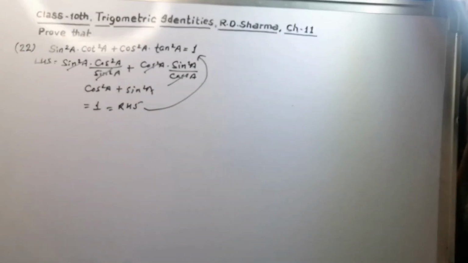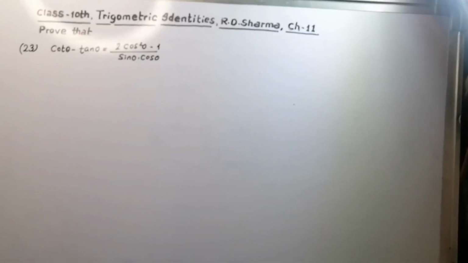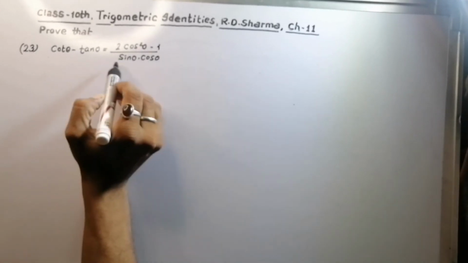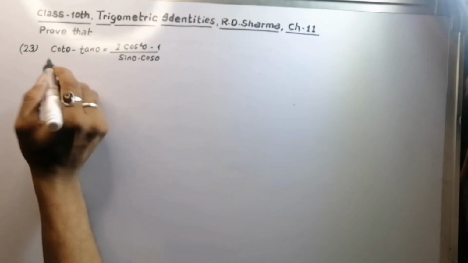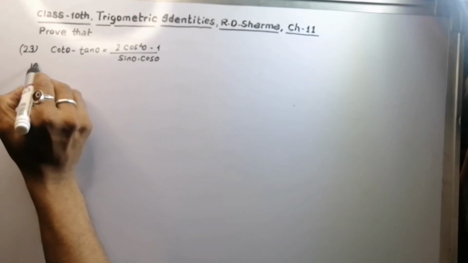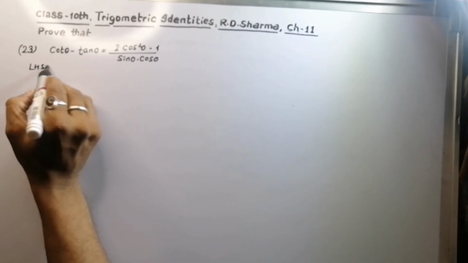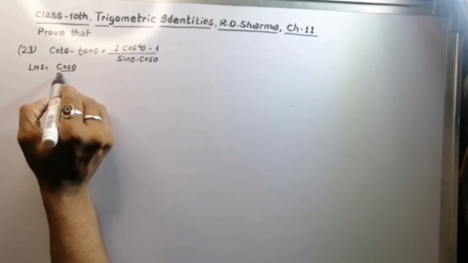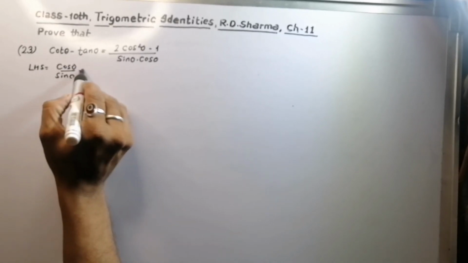So we can write (sec a minus 1 upon cos a into sin a), and here we can write (sec a plus tan a).